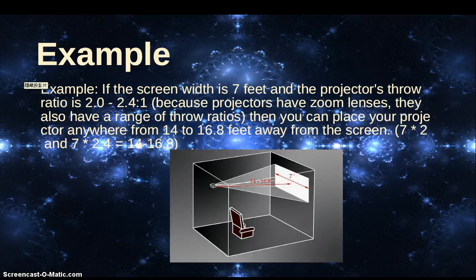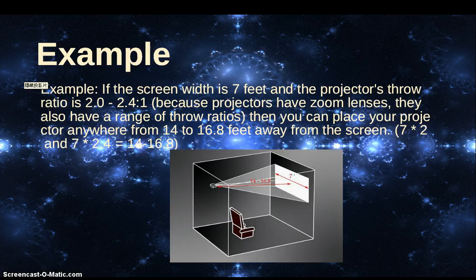So if a screen's width is 7 feet and the projector's throw ratio is 2.0 to 2.4 to 1.